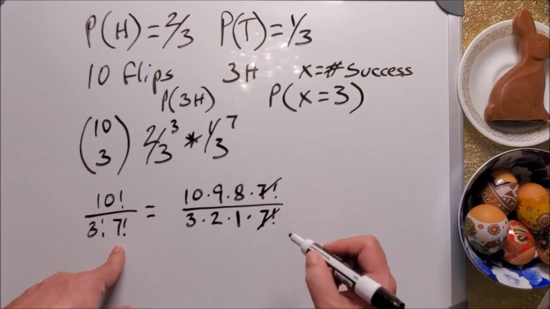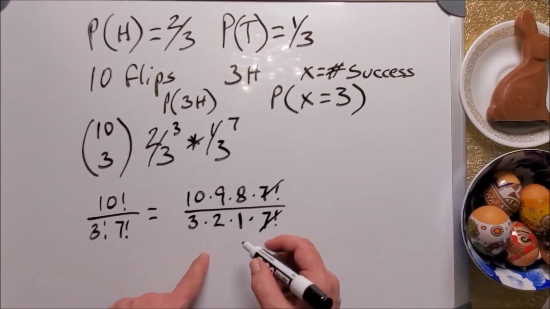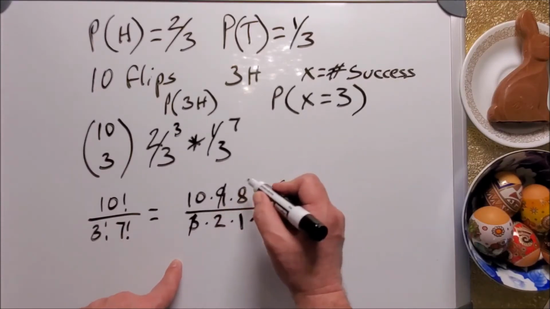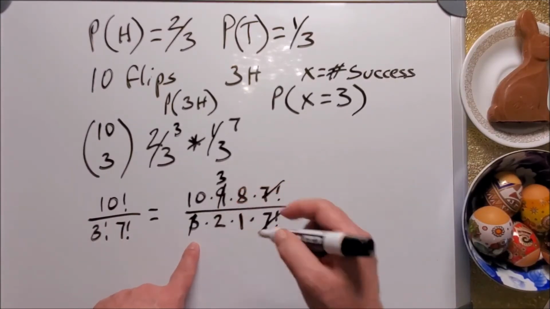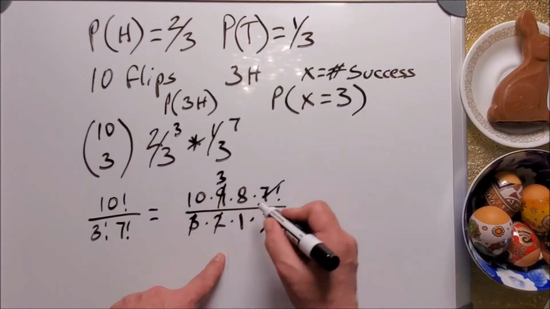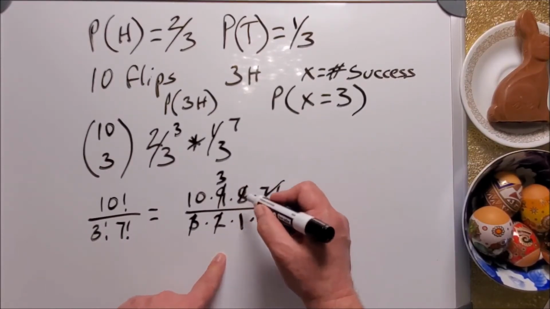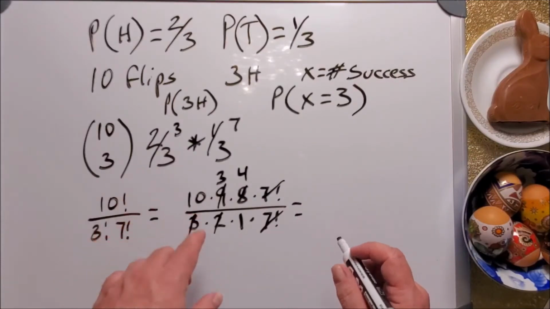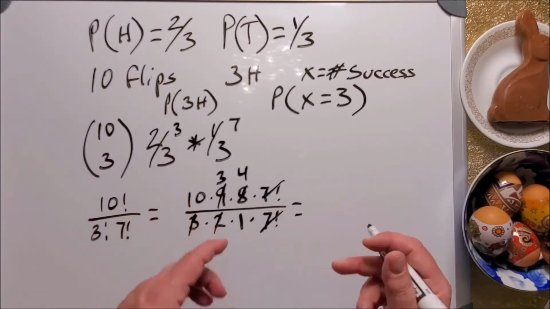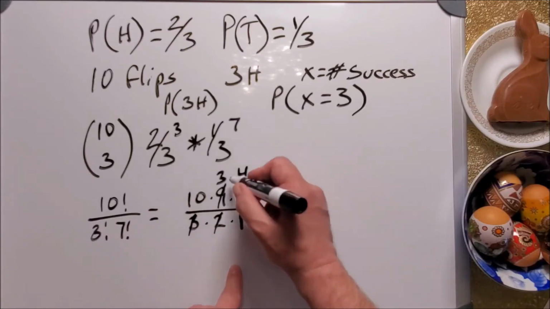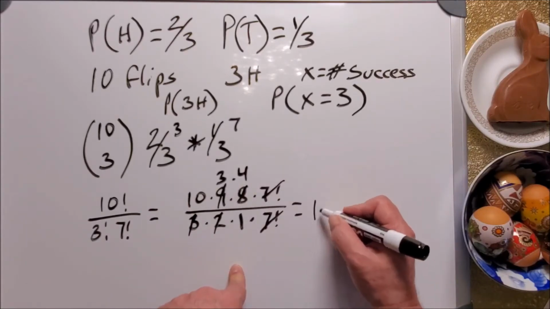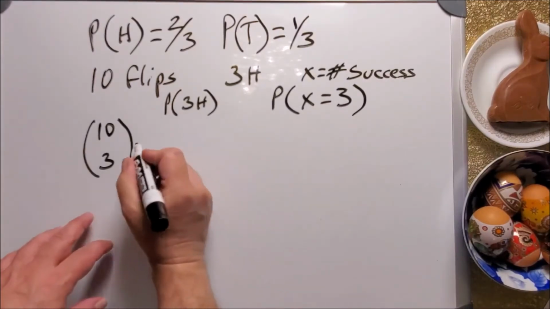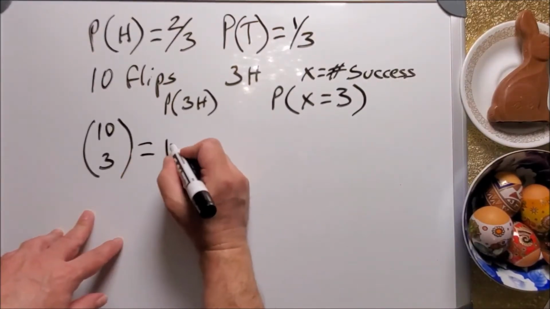Let's go ahead and cancel that. We're left with the 3 and the 2 on the bottom. I'm going to cancel the 3 on the bottom and divide 9 by 3. I'm going to cancel the 2 on the bottom and divide 8 by 2 and be left with 4. And so for the combinatoric expression, we saw this at the end of the second video, that's going to be 10 times 12. So we have 120. Okay, so we know 10 choose 3 is equal to 120.